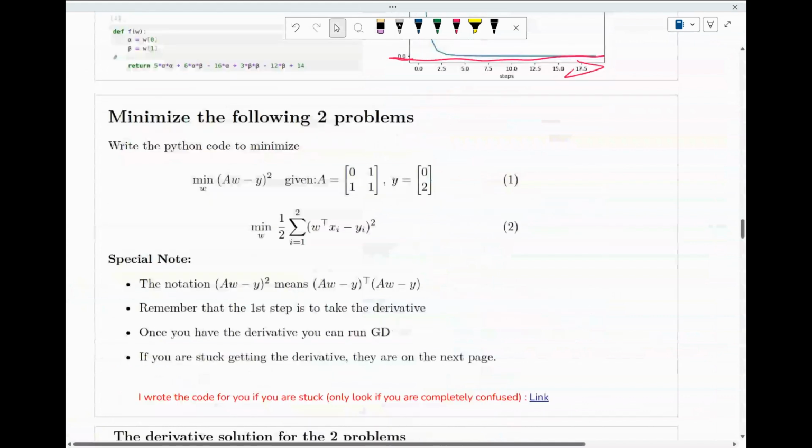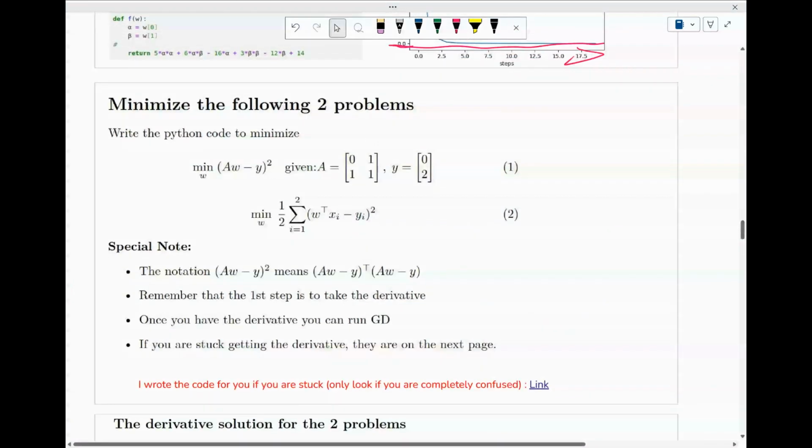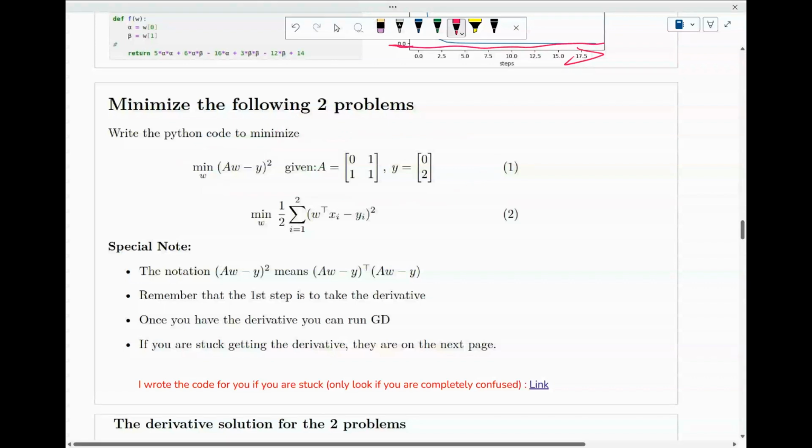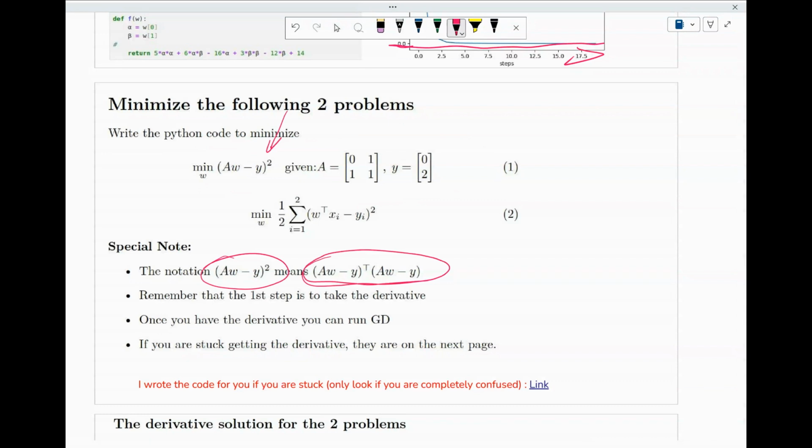Now, for your next project, I want you to minimize this one here. Okay. Now, remember this is a special notation. Square. When you have a square, it means this here. Okay, that's what that means. And remember, the first step is to take the derivative.